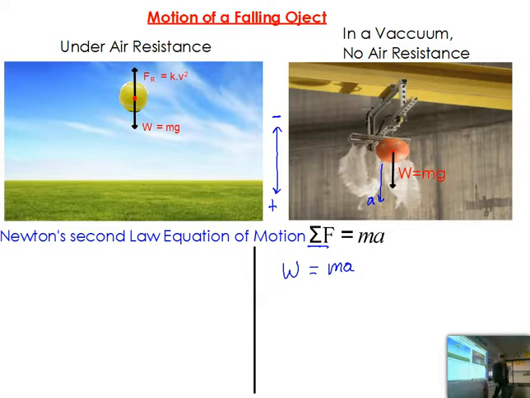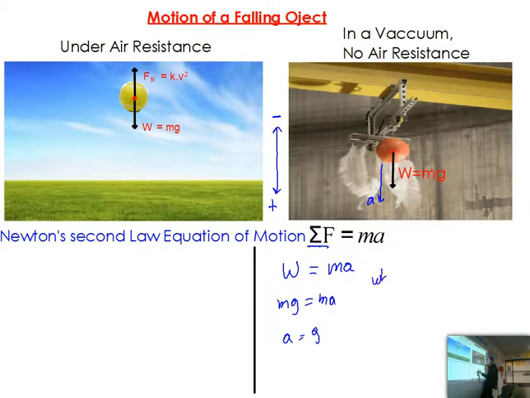Now the weight force is given by the mass of the object multiplied by the acceleration due to gravity, mass times g. That's our result: the weight force is equal to mass times acceleration. So a is equal to g.